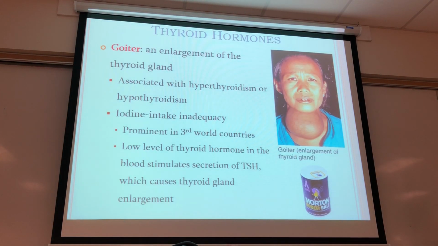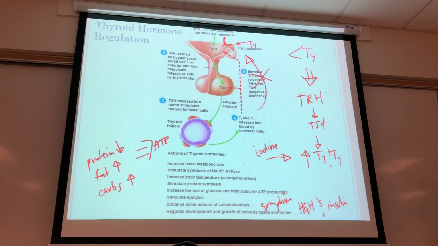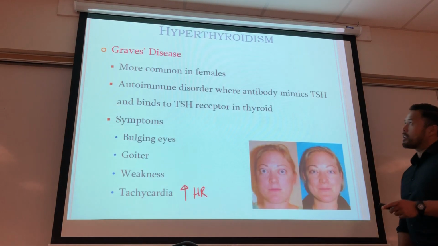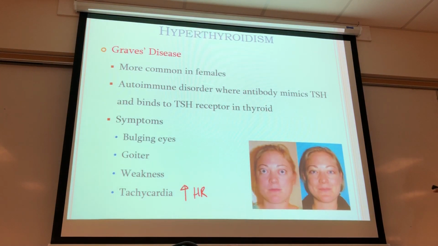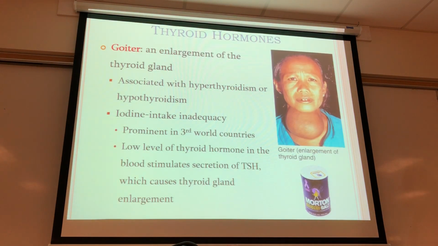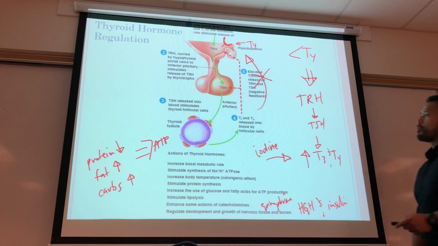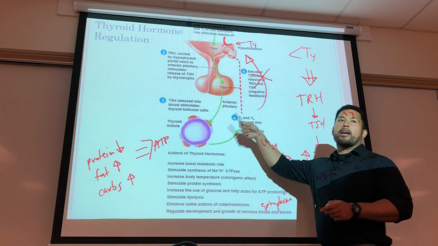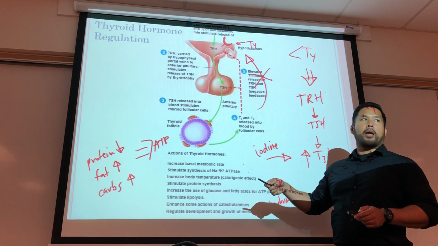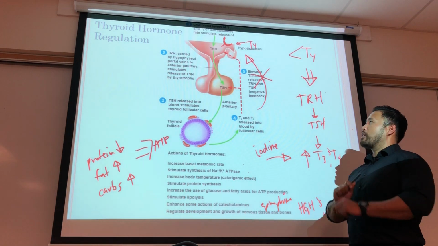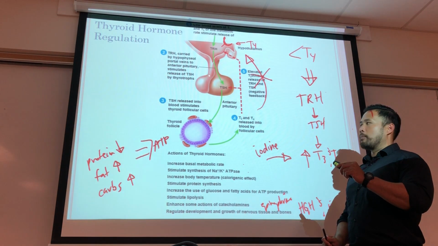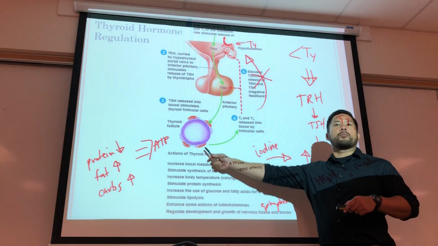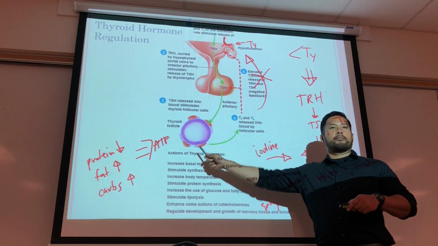That was hypothyroidism. In hyperthyroidism, especially Graves' disease, this is just an example of hyperthyroidism, where your thyroid is constantly making T3 and T4 without that negative feedback regulation. Okay. Well, let me rephrase that. Negative feedback still works, but you're getting an extra stimulation from your own antibodies.